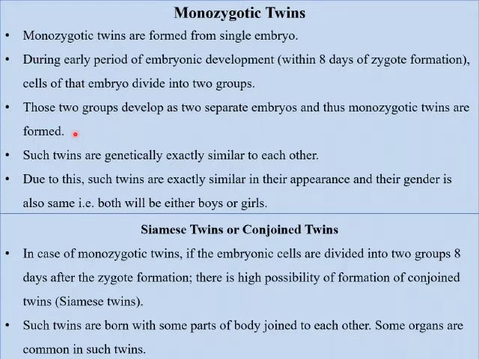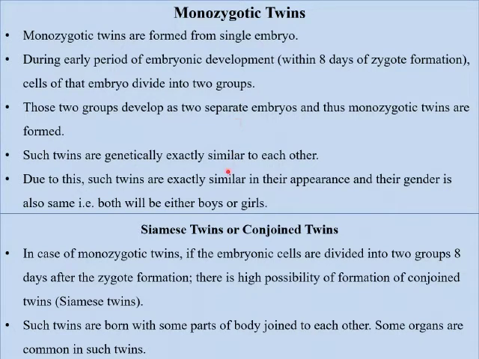Now these twins will be genetically exactly similar to each other. They will be similar in their appearance, and their gender is also the same, that is, either both boys or both girls. The reason is that they have been formed from a single zygote, that is, the zygote has been formed due to the fusion of a single male and female gamete.